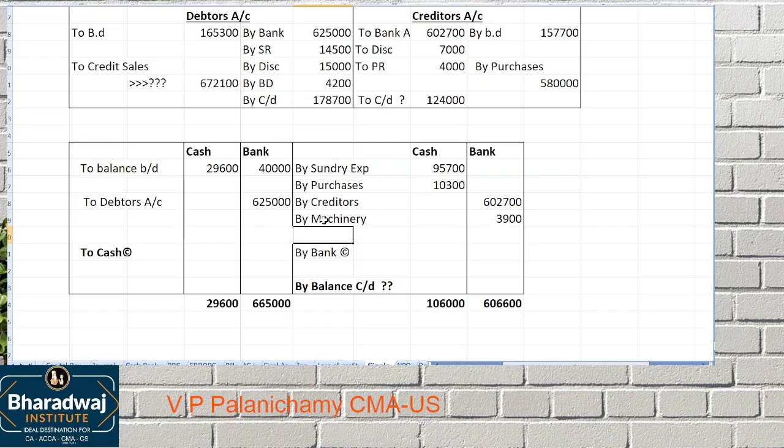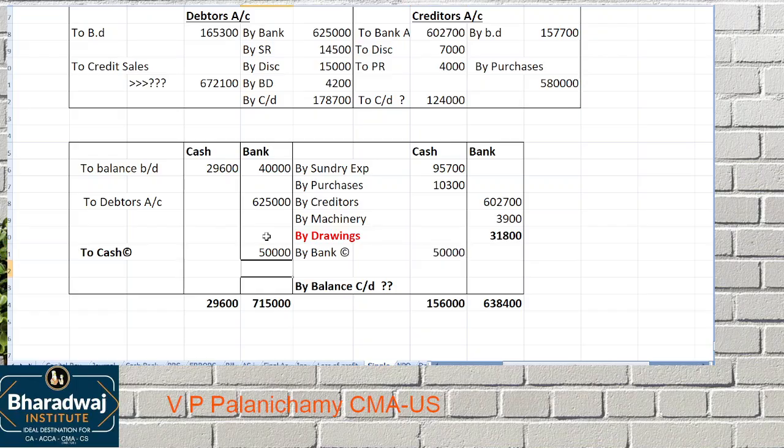Then what is given? How much is given for drawings? Bank 31,800. Then cash paid into bank. To the cash in bank column, how much will come? 50,000. By cash, by bank in cash column, 50,000 deposited.